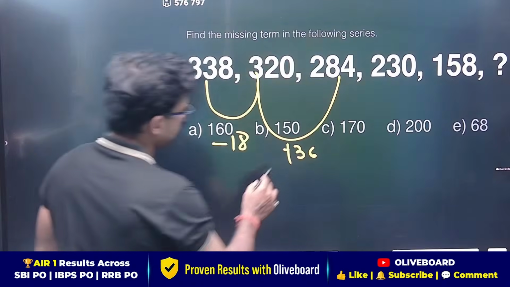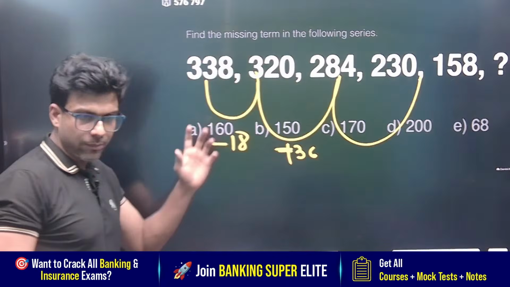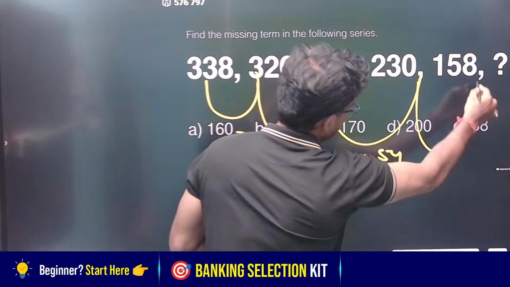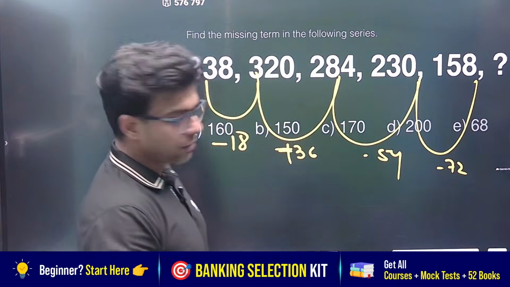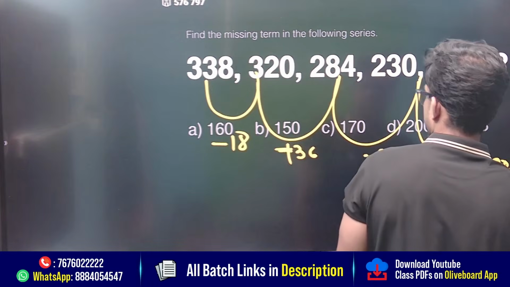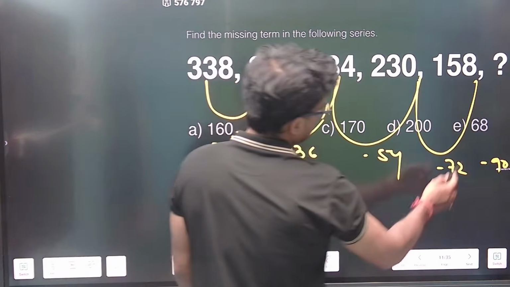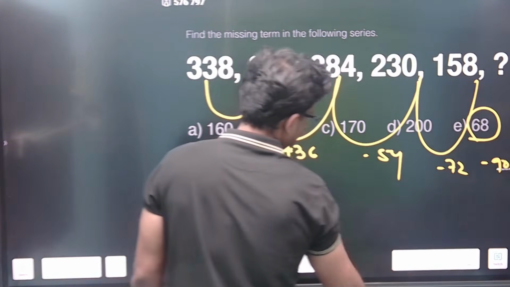No, you are subtracting, sorry. Again you are subtracting. Again you are subtracting here, means multiples of 18 are going on. Minus 54, then it will be minus 72 if I'm not wrong. Then again you will go for 90. And minus 90 would give you 8 at the last. 68 is the correct answer. Option number E. This was easy, I would say.